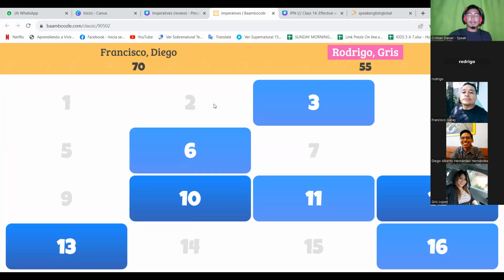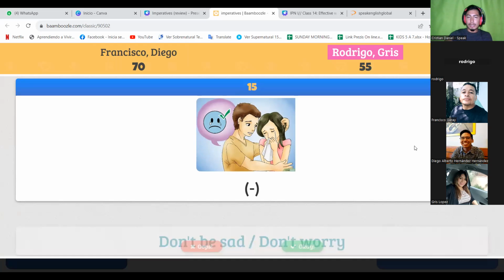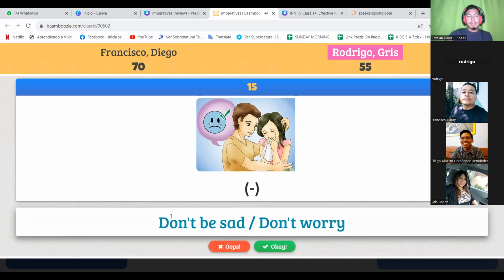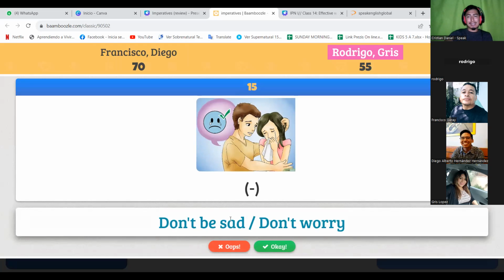Number 12. 12, let's see. Okay, in negative, what could be the example? Don't cry. Okay, very good. In this case, we have don't be sad or don't worry, but also your example is possible.